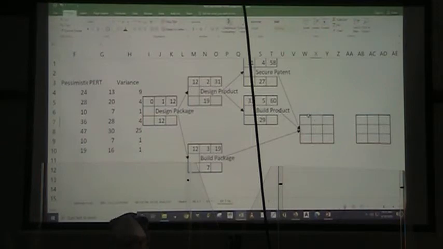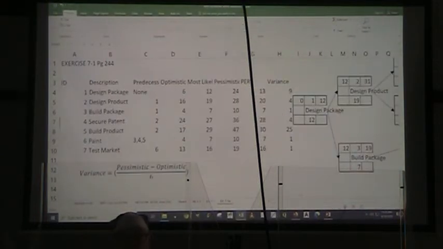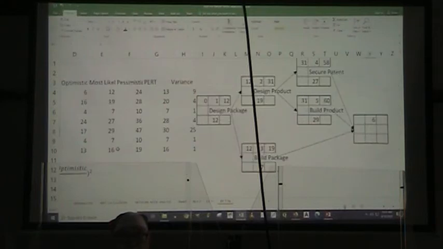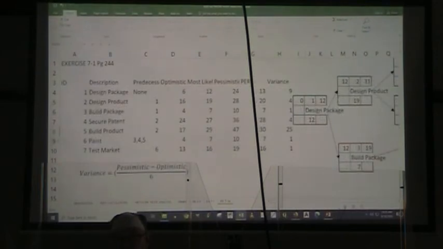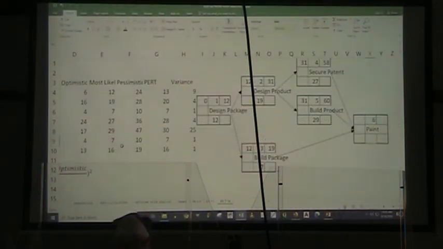Now we know that this is activity number 6. The description equals paint. And the duration is the most likely time.